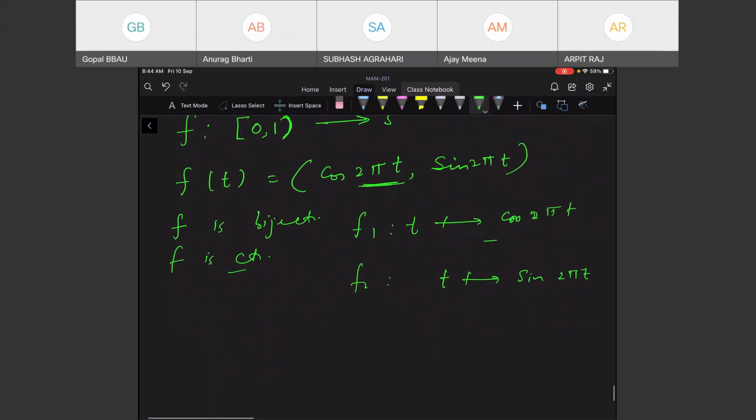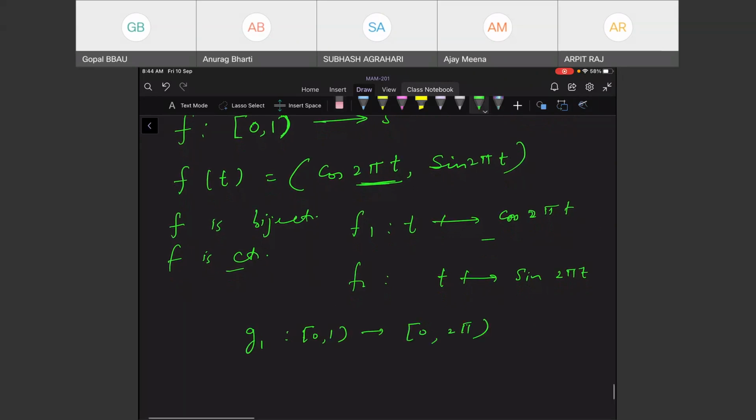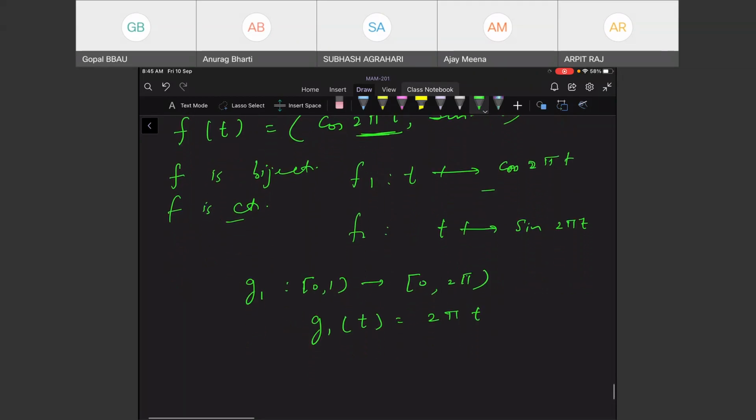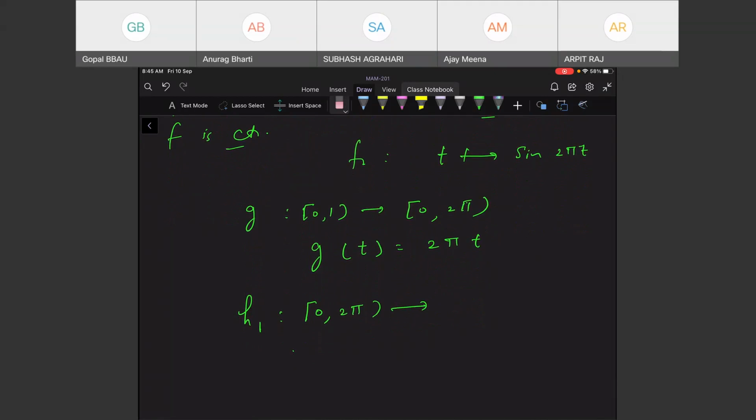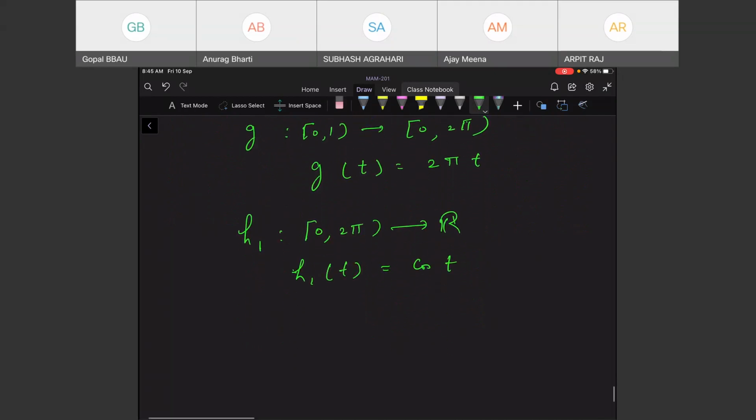These functions are compositions of two functions. Number one, say g, from [0, 1) to [0, 2 pi), given by g of t equal to 2 pi t. कल हमने देखा था कि स्केलिंग वाले जो भी फंक्शन हैं वो कंटिन्यूअस होते हैं। Second is h1 from [0, 2 pi) to R, h1 of t equal to cos t.